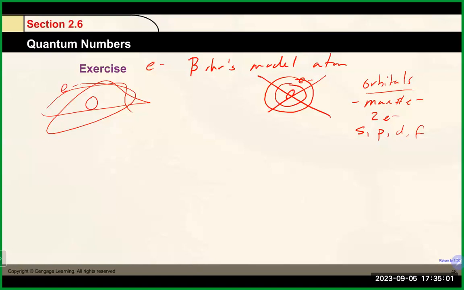That was the idea of quantum numbers, where we left off. There are 4 different types of quantum numbers. There's n, which goes from 1 to 7, the principal quantum number.